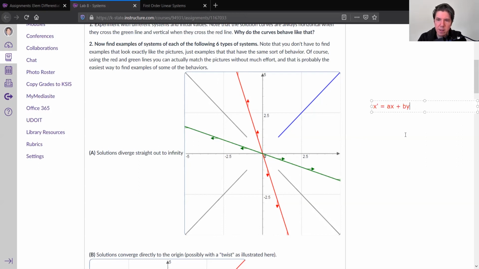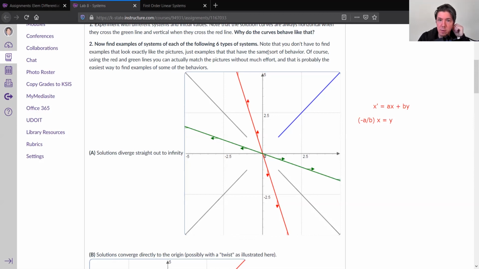If you start rearranging that, what you end up with is negative a divided by b times x. You have that negative a over b times x is equal to y. Now that's for this red curve.